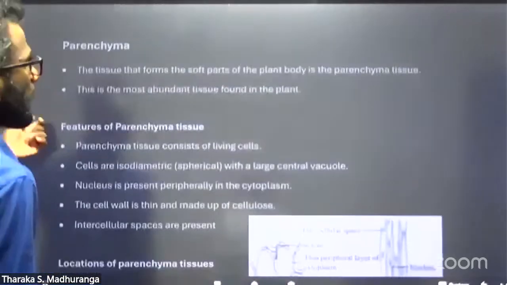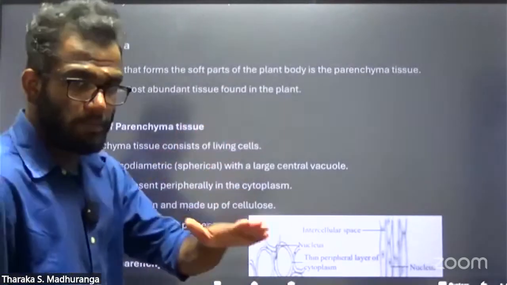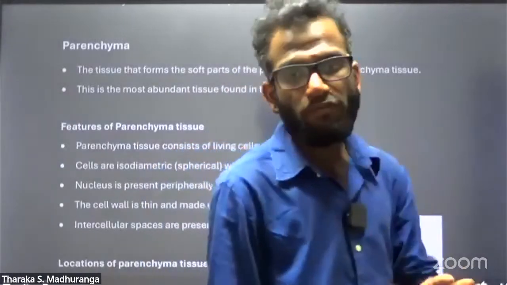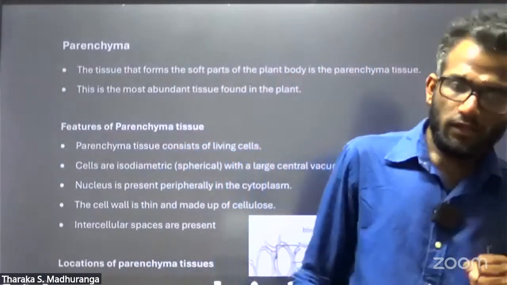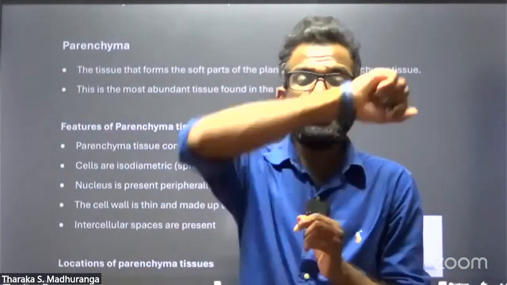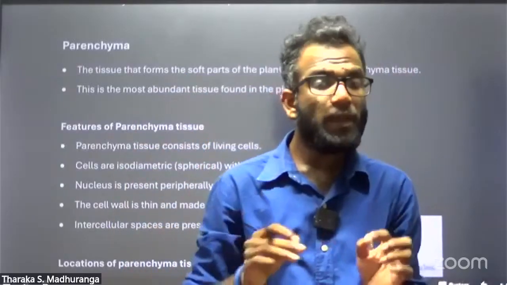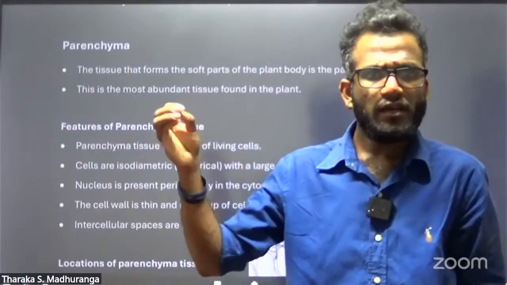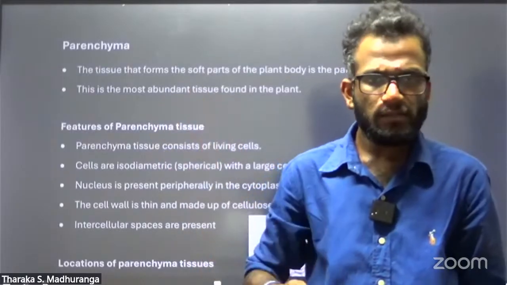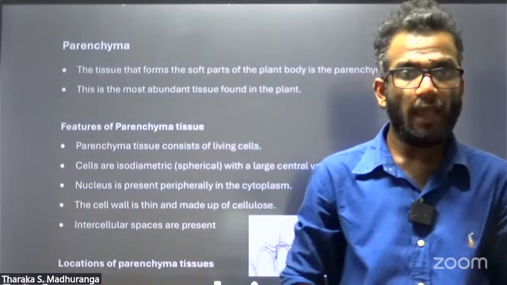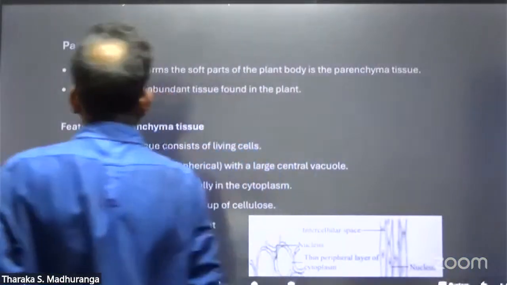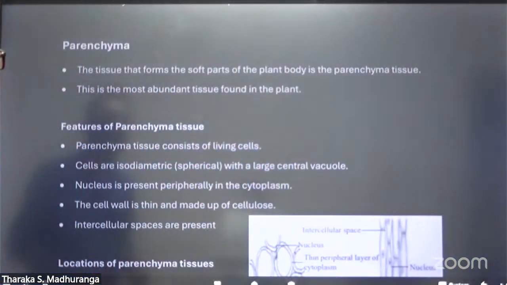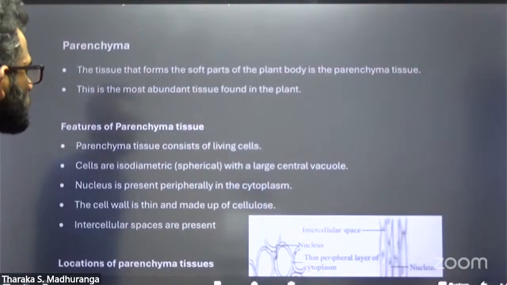Okay, come to the parenchyma. You need to remember the parenchyma is always the tissue present in immature parts of the plant. Immature parts mean like buds, shoots, and apex. The tissue that forms the soft part of the plant body is the parenchyma tissue.